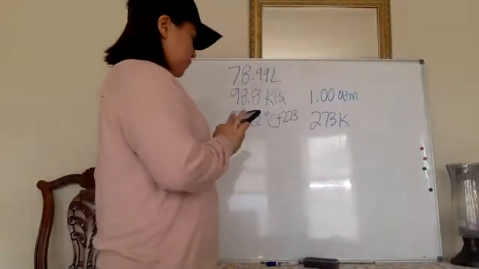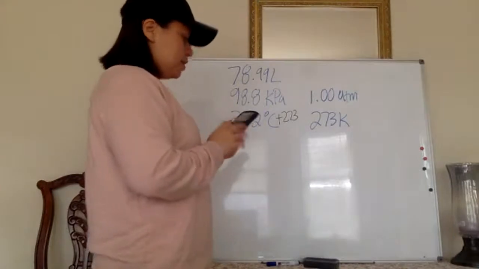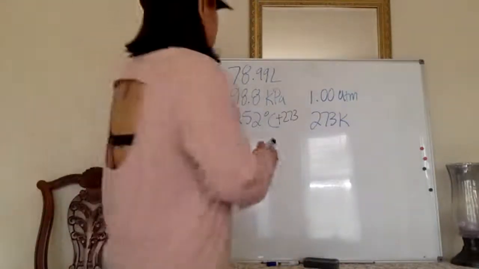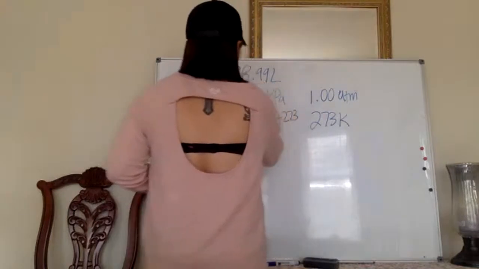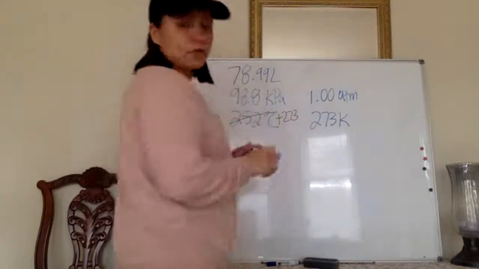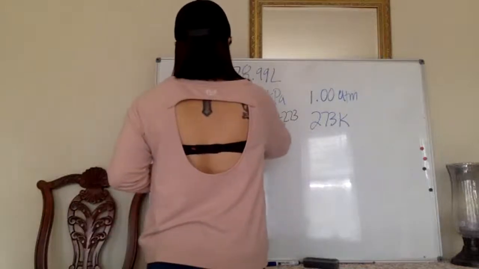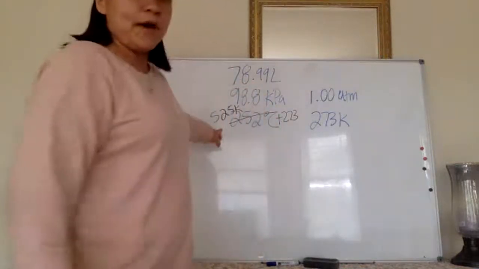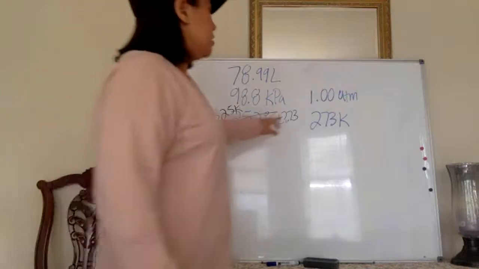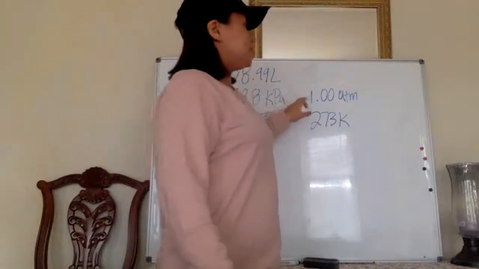So 252 plus 273 gives you 525. So your temperature is no longer 252, it's 525 Kelvin. Okay? 525 Kelvin.